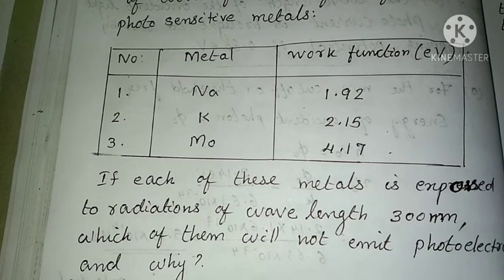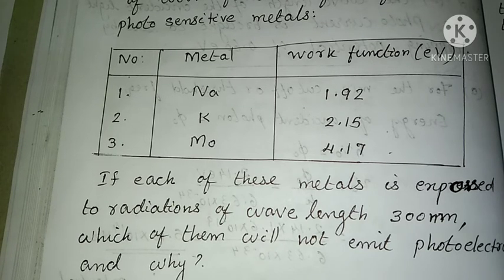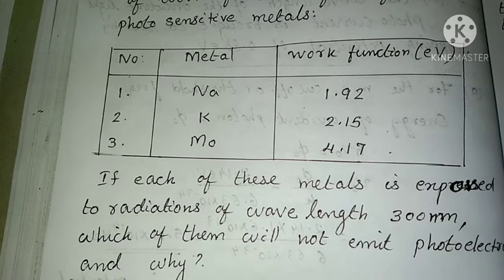If each of these metals is exposed to radiations of wavelength 300 nanometer, which of them will not emit photoelectrons and why? So here the work function of some metals are given. First you want to find out which of the metals will not emit photoelectrons.